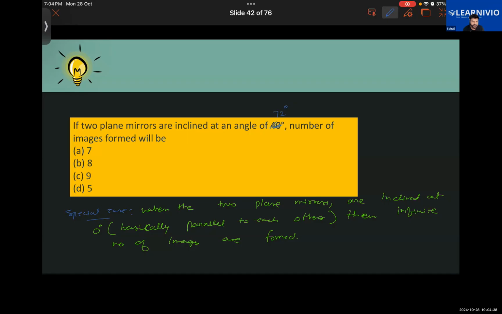The correct answer for this question is there in the options, so you guys can still answer it there. Correct, Chakrika. What if it were 60 degree? If it is 72 degree, tell me the number of images, or if it is 60 degree.